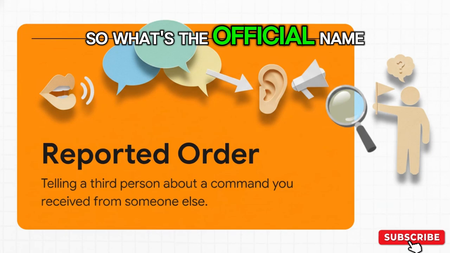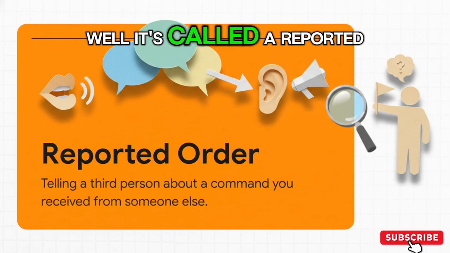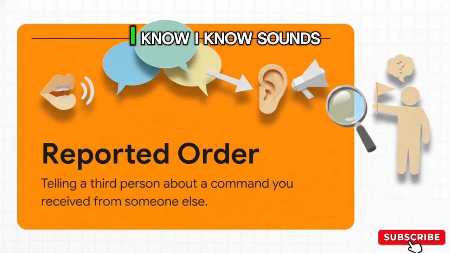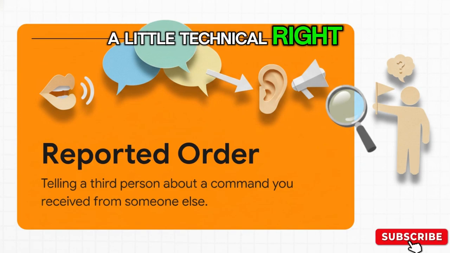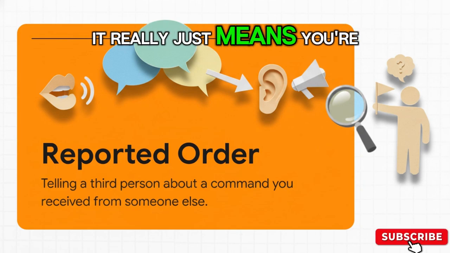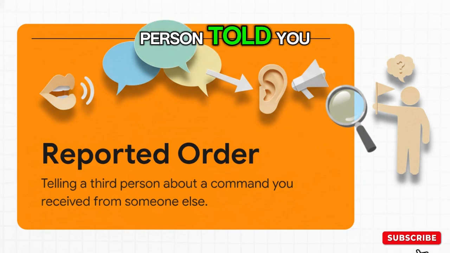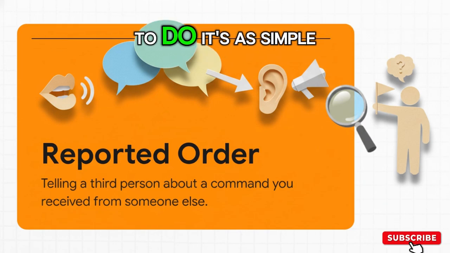So, what's the official name for what we're doing here? Well, it's called a reported order. I know. Sounds a little technical, right? But don't worry, it's not. It really just means you're acting like a messenger. You're telling someone what another person told you to do. It's as simple as that.